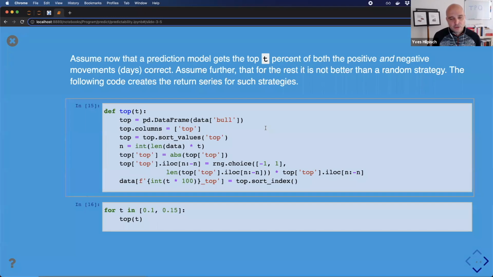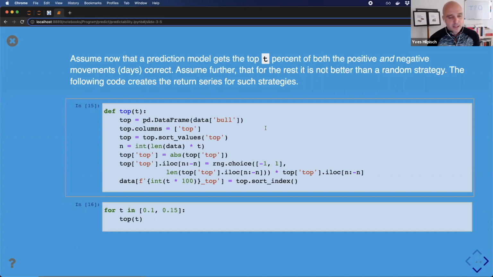I don't go into the details of the code here. The slides are shared, so if you want to repeat this, it is all self-contained, and you can execute it, because the data set that I'm using is hosted on my server, and you can replicate the whole analysis. The code implements it for a flexible parameter t.